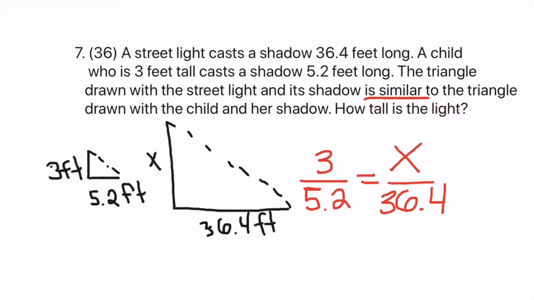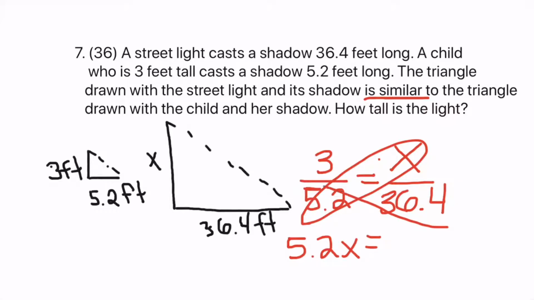And now at this point, we solve it just like any other proportion, and we're going to cross multiply. So we have 5.2 times x, so that's 5.2x equals 3 times 36.4, and that is 109.2.